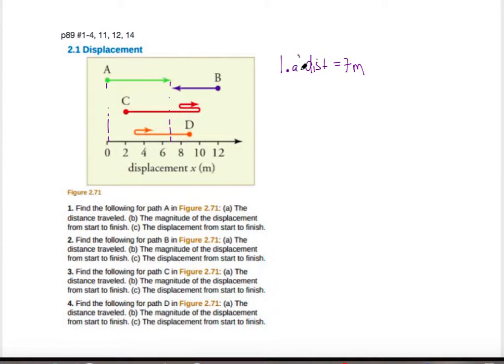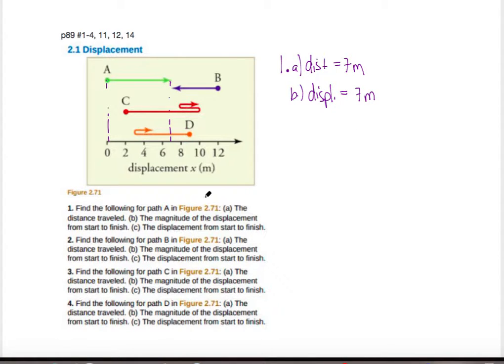B, so I'll go ahead and label this A. B is the magnitude of the displacement from start to finish. So again, I'm looking at where I start and where I finish, and this is the magnitude, so I'm just looking at the size. The magnitude of the displacement, or the number value, is going to be 7 meters as well.